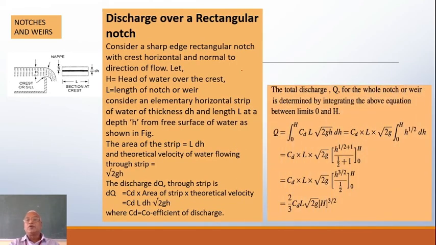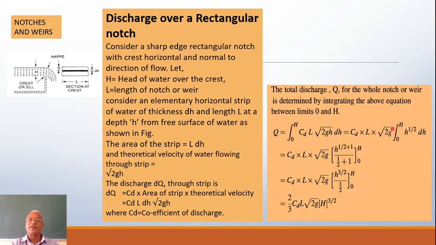Okay, the total discharge Q for the whole notch or weir is given by integrating the above equation between 0 to H. So integrating from 0 to H, Cd L root 2g h^(1/2) dh. Cd, L are constants, root 2g is a constant.